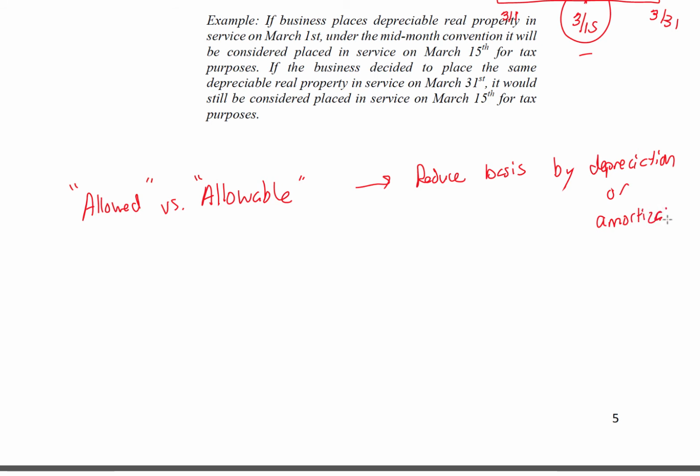We'll talk about 197 when we talk about amortization in a moment. Bonus depreciation, those things, if you take them, they reduce your basis. That's important to understand. Now, allowed is what's taken on the tax return. Allowable is what's calculated for tax purposes.